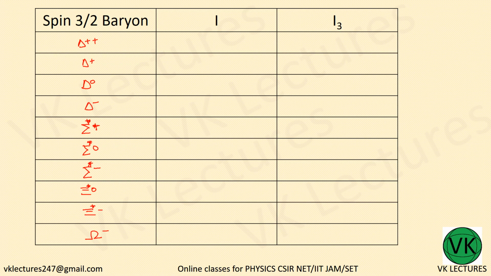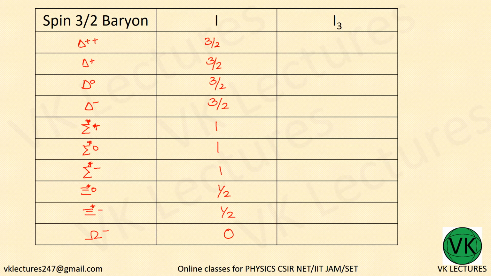So I for the 4 particle group is 3 by 2. All the particles of this 4 particle group have 3 by 2 as the isospin. For the 3 particle group it is 1, 1 and 1. For the 2 particle group it is half and half. And for the 1 particle group isospin is 0.